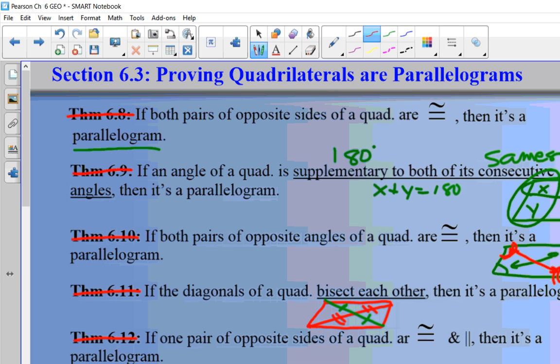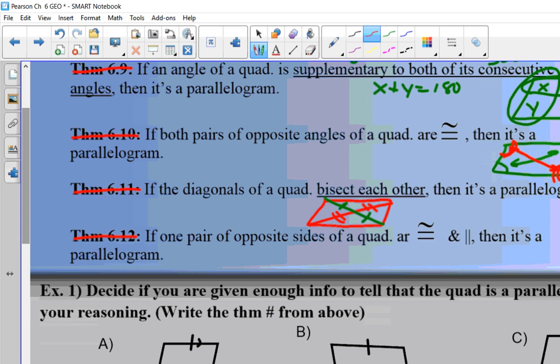Okay, then the last one, if one pair of opposite sides of a quadrilateral are congruent and parallel, then it's a parallelogram. So if you could prove that one pair, doesn't matter which pair, so I'll just go here, if they're congruent and parallel, then you can call it a parallelogram.